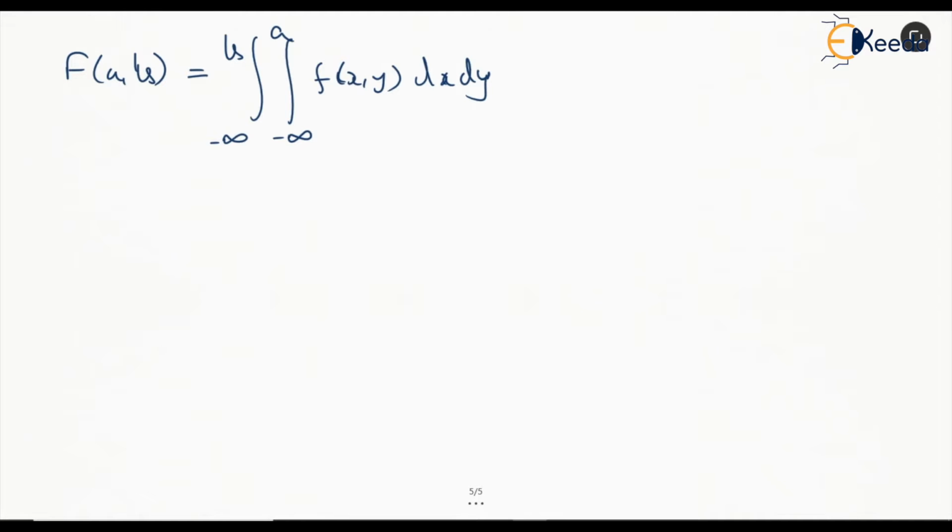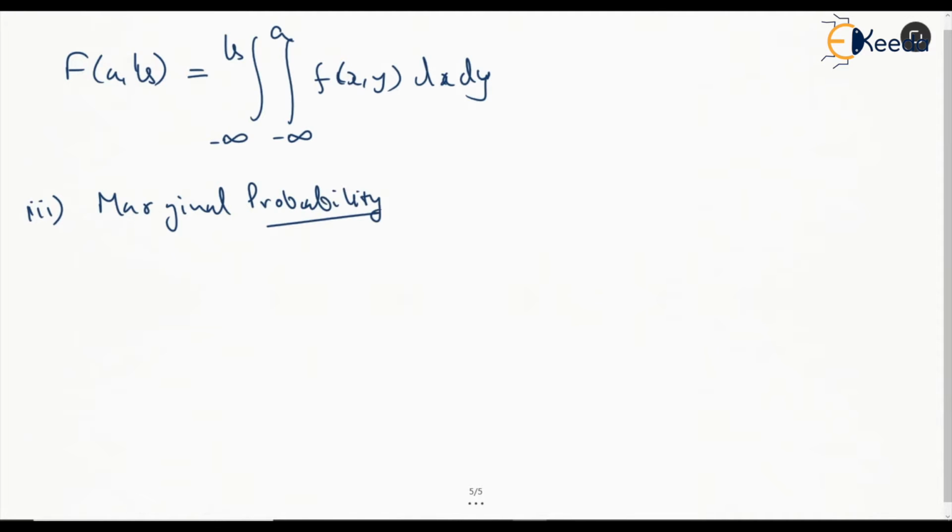Also, if we do this integration in terms of a single variable, we are going to get the marginal probability. The marginal probability, let's say for the density of x, is given as f of x equals the integration of f of x, y in terms of y over the interval minus infinity to infinity.